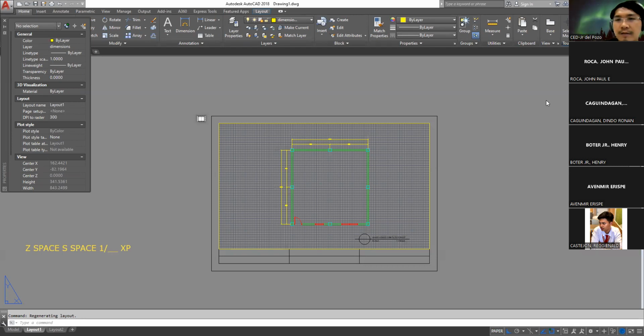Hindi ko ma-gets yung tanong. Okay. Pag nagkamali po ba yung estimator, hindi na rin masusunod yung floor plan.